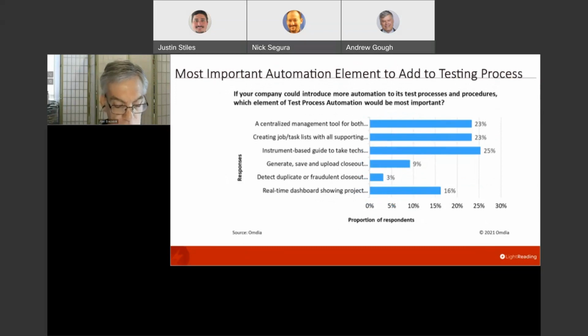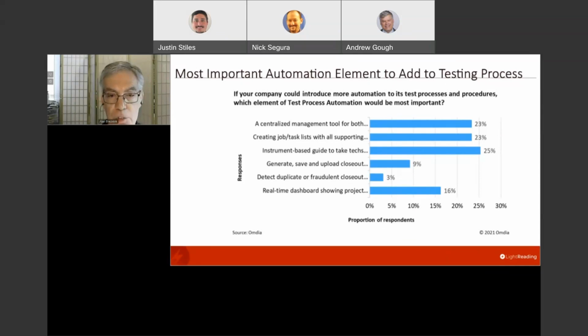In this case, three choices came out almost evenly. As you can see here, an instrument-based guide to take techs through tests step by step, ensuring compliance with methods of procedure led the way with 25%, but it was closely followed by creating job task lists with all supporting configs delivered directly to an instrument, and a centralized management tool for both in-house techs and contractors, both of which came in at 23%.